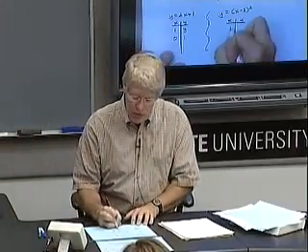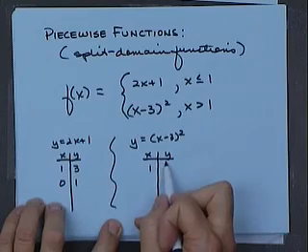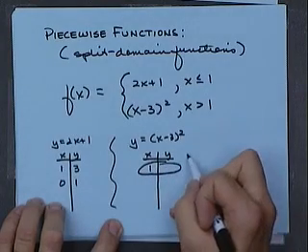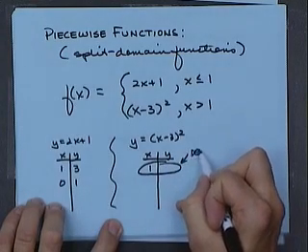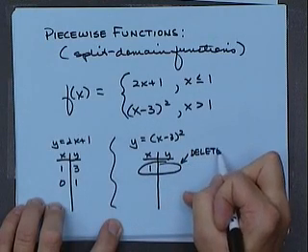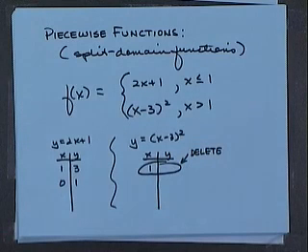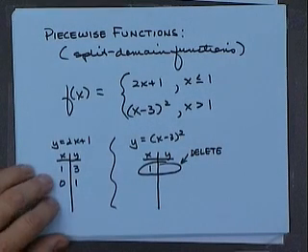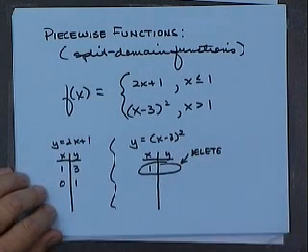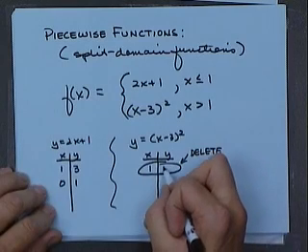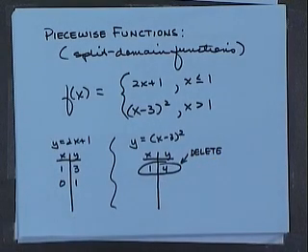So what I usually do is I put 1 in there, and then I do a little reminder to myself that I'm going to delete that point. It's going to be an open circle. I want to go all the way up to that point, but I don't want to include that point. So if x could be 1, what would the corresponding y value be? 4. Not including that point in this set, but I want to go all the way up to that point.